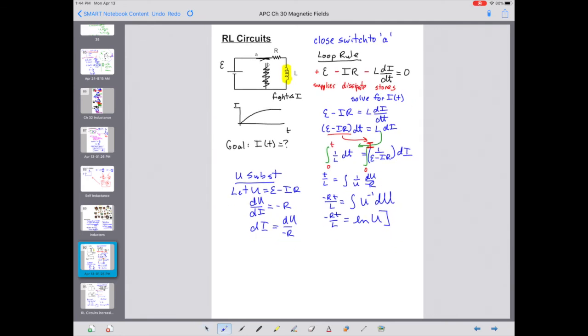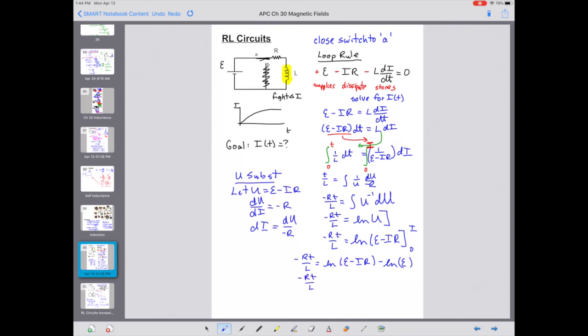back in. Hopefully our screen doesn't get too small. Negative Rt over L, natural log of E minus iR, endpoints of integration, pulling those from above, 0 to I. So when we plug those in, we're going to get negative Rt over L equals natural log of E minus iR minus natural log of the EMF.